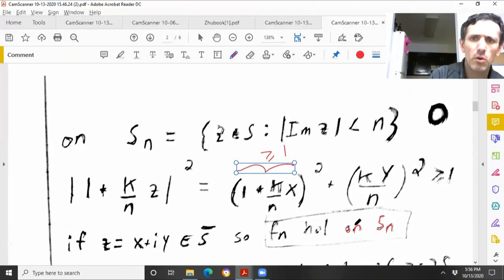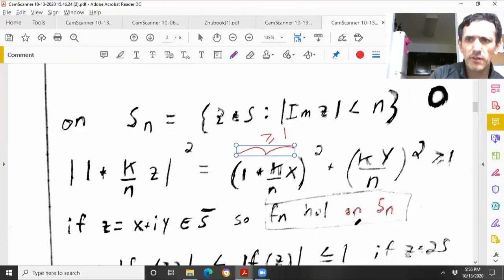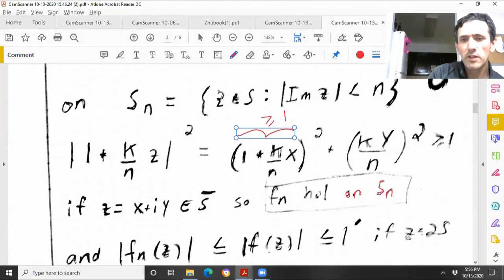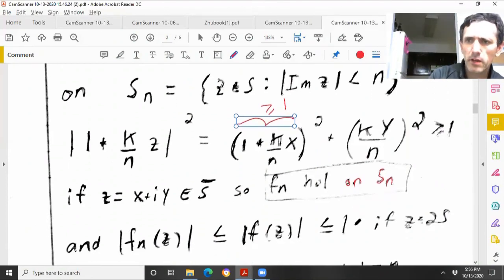And we also want to know what Fn does on the boundary of Sn, this actual perimeter, the boundary rectangle. Well, again, if z is in the closed strip, then the bottom is bigger or equal to 1, so that in modulus, Fn of z is less than or equal to f of z.